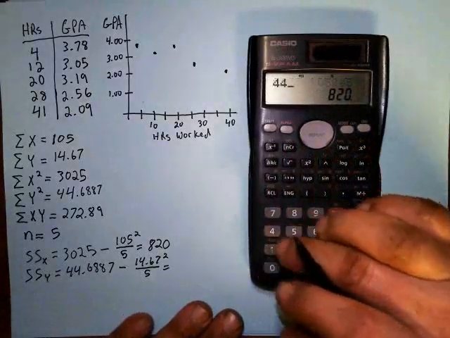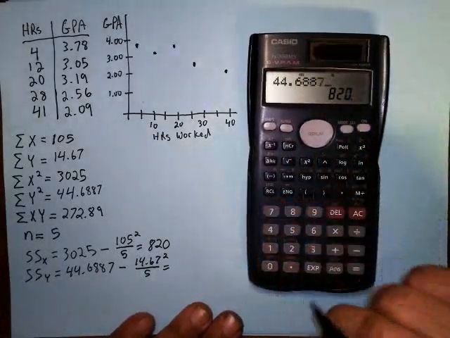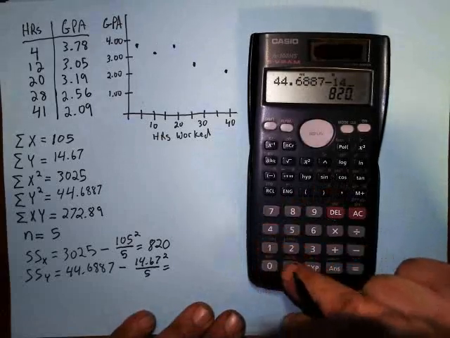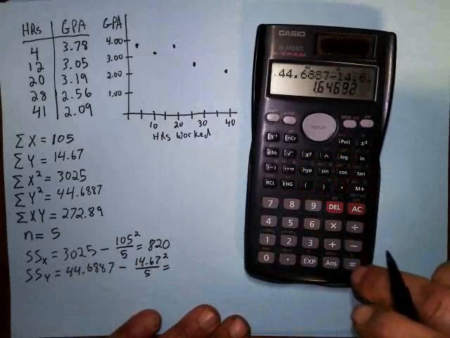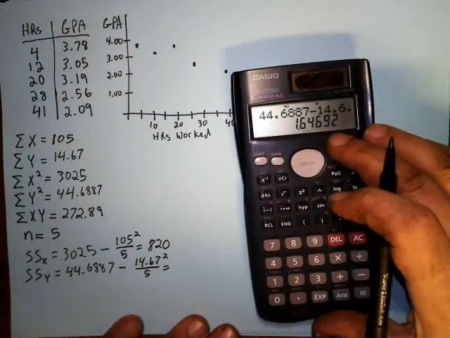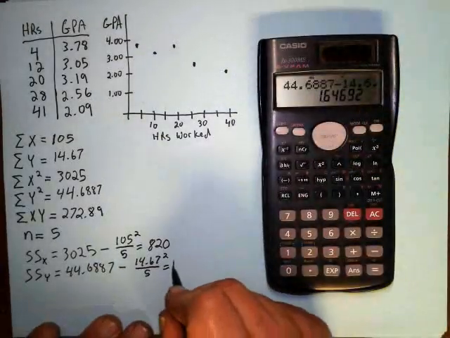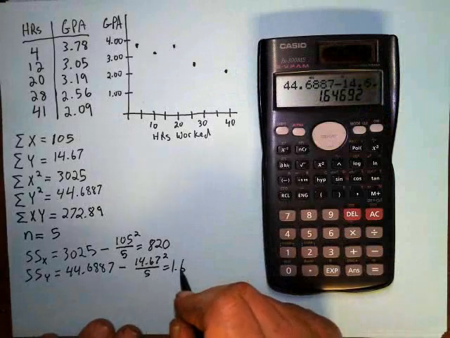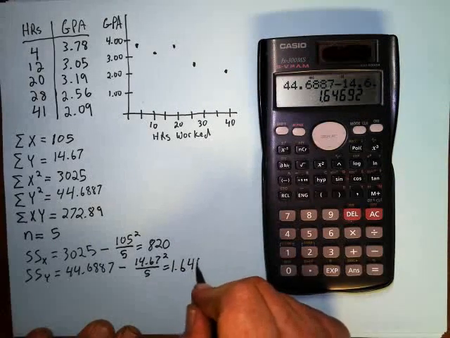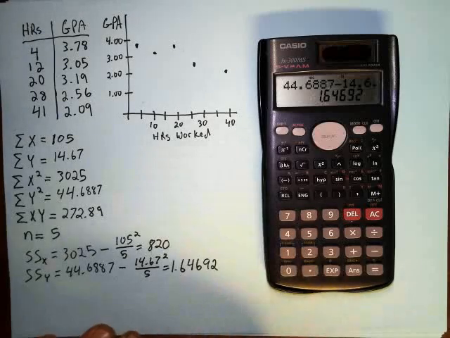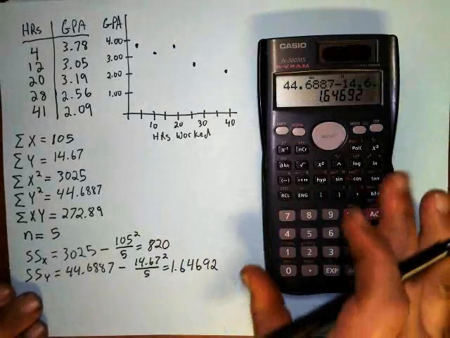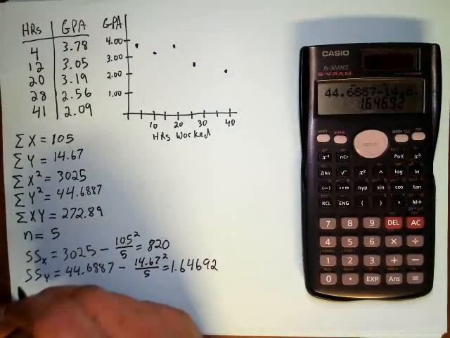So 44.6887 minus 14.67 squared divided by 5. And I get 1.64692. I'm going to keep all those decimal places since it terminated. I don't have to round.